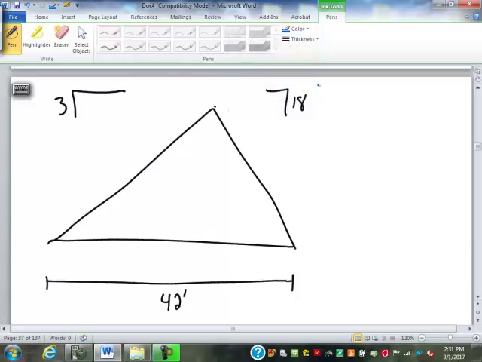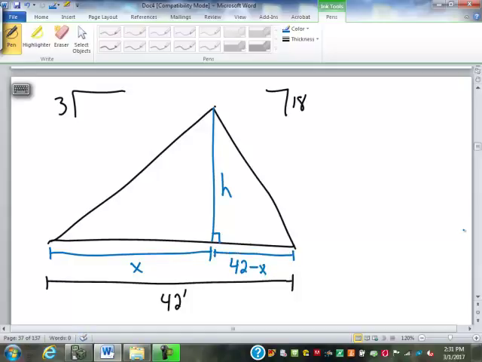I'm going to call this X here. This is my height. So then this here is going to be, again, 42 minus X. Whatever the length is minus the other piece has to be what's left over.